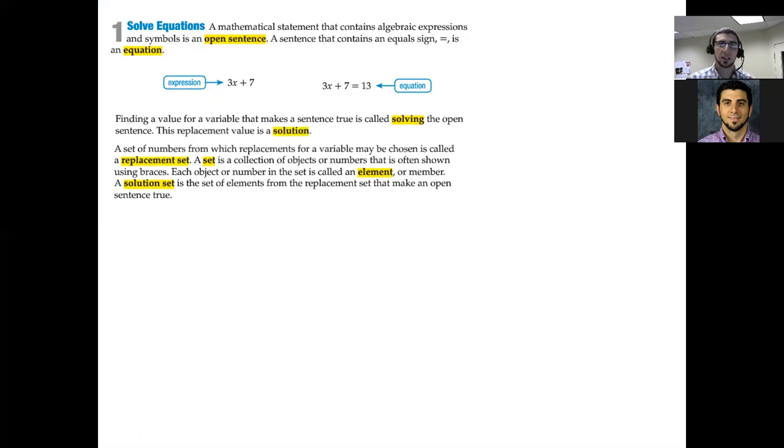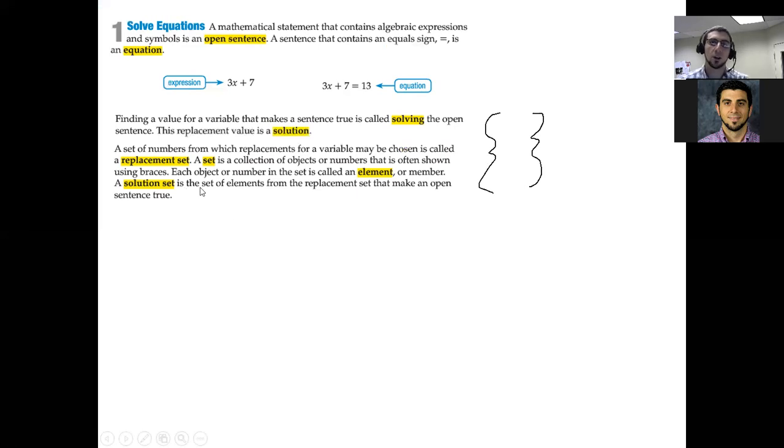A set is a collection of objects or numbers that is often shown using braces. Now, when I say braces, I don't mean the stuff on your feet or the stuff on your teeth. I mean these grouping symbols. Each object or number in the set is called an element or a member of that set.